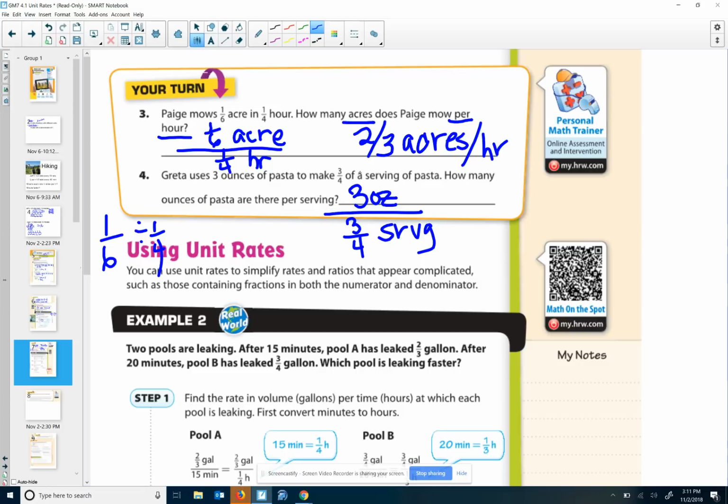So this math says take 3 and divide it by 3/4. Shazam. And when you do that, you should get, I believe, 4 ounces per serving. So you can write per or use a fraction bar to write out that. Okay?